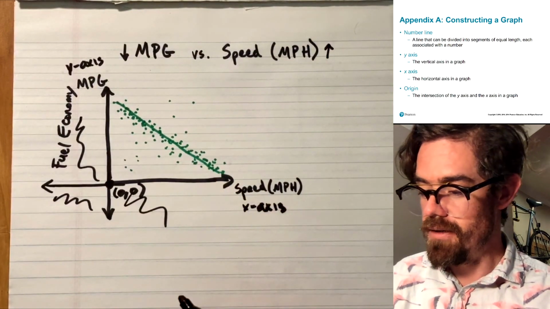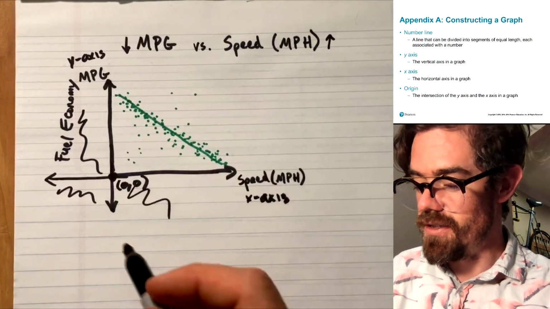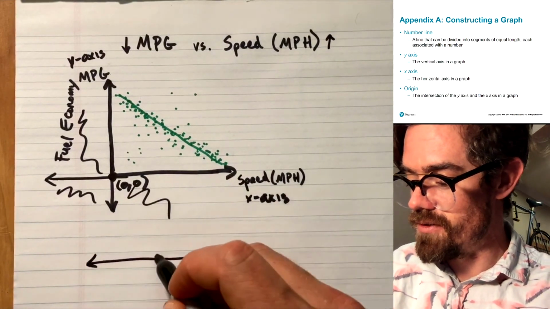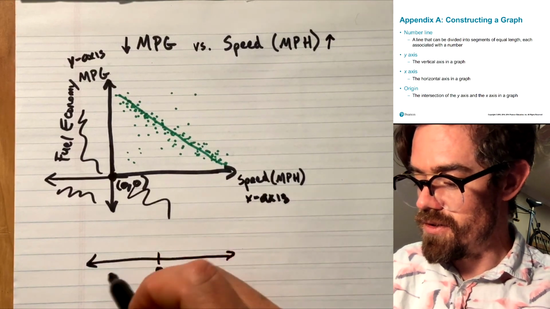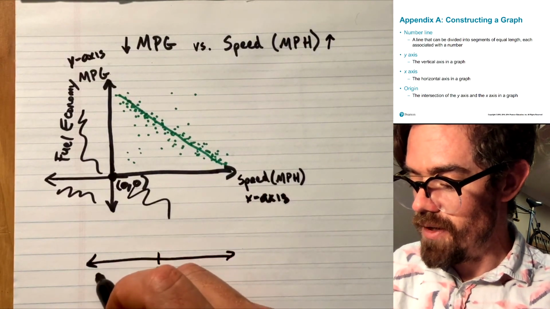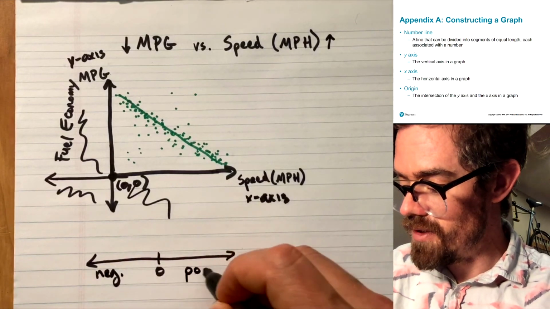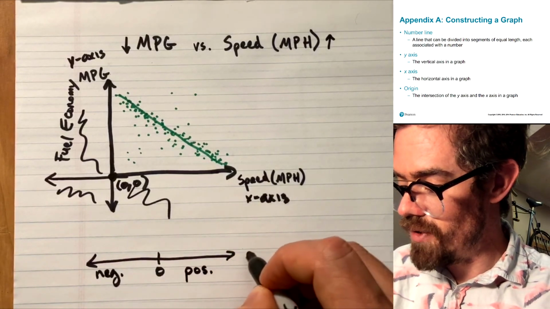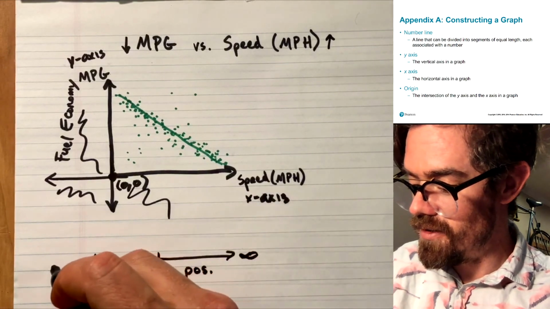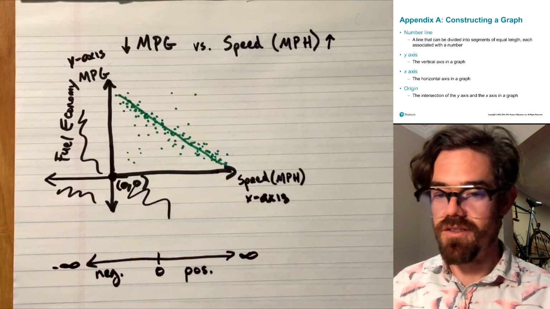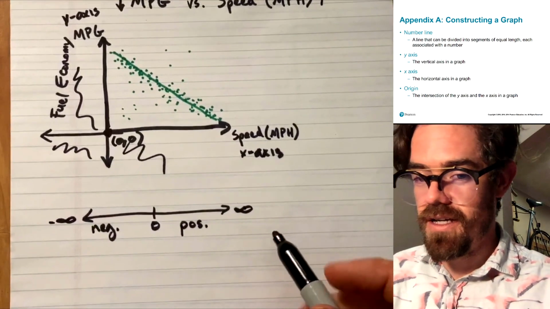So if we were to look at an isolated number line, of course, the x-axis is a horizontal number line. There's 0. Over here we have negative numbers. Over here we have positive numbers. Getting bigger, and here we've got infinity, and over here we've got negative infinity at the extreme ends. All right, so that's basically a number line in the x-axis format.